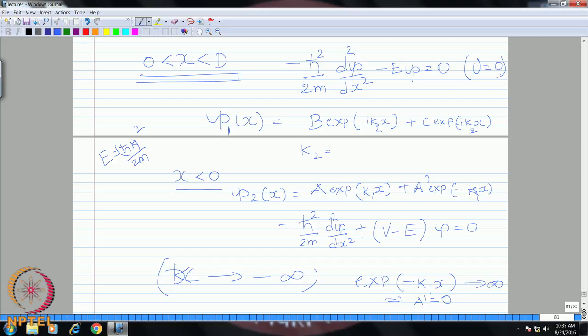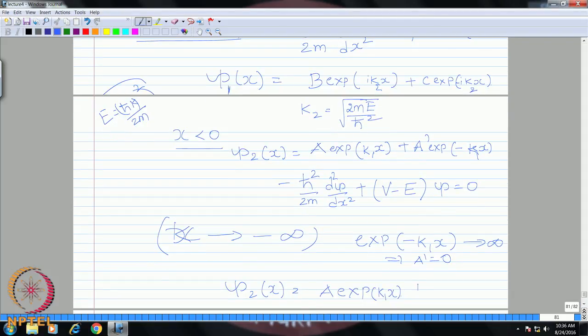So, when there is no potential energy constraint, U equal to 0, this is what we got for the relation between E and k. So, therefore, k essentially is the square root of 2m E by h bar square.